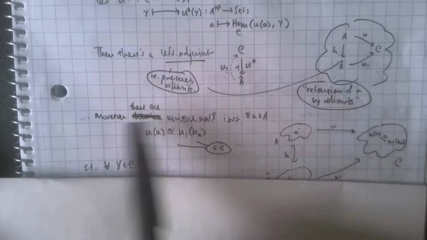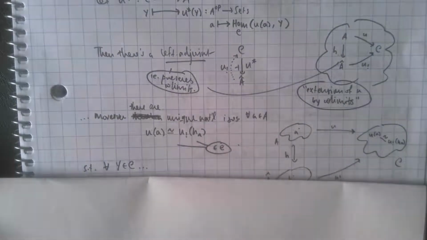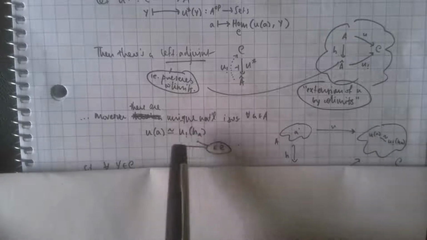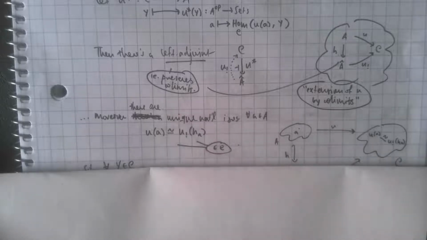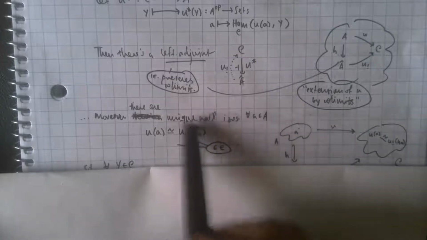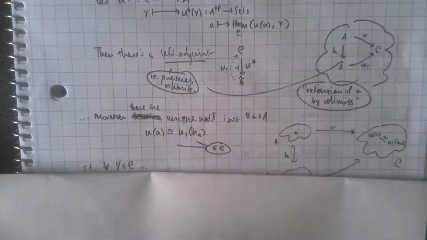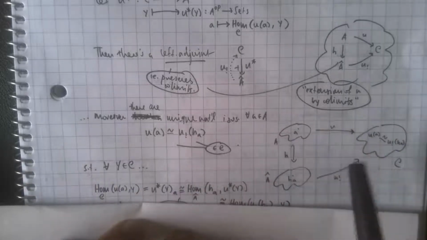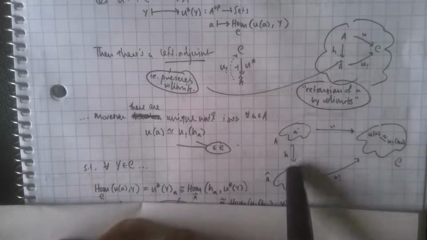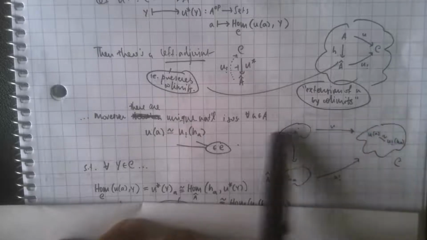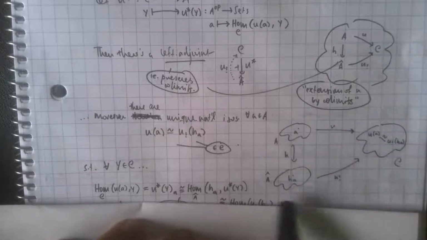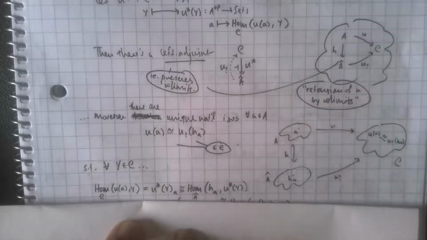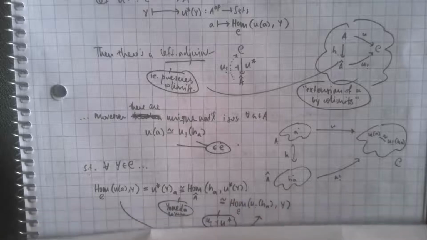But okay, so moreover, there are unique natural isomorphisms, for all objects A, between U of A and this guy of its representable thing. So these are objects in C, and so this is an isomorphism in C. Sometimes I get confused about where these things are living, so this is my cartoon of that. This is A. This is the presheaf category. This is the Yoneda embedding. This is the functor U, C, and then this is U shriek. So going like this, we have a natural isomorphism in here, right?